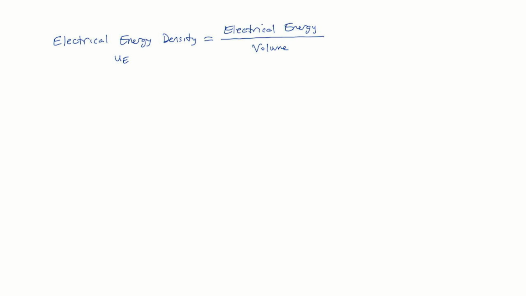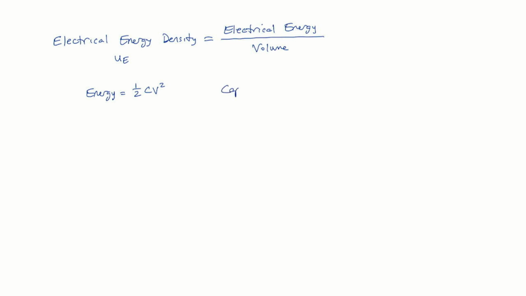Now we can find the relation between electrical energy and electric field using the energy of a capacitor. And so the energy of a capacitor is equal to 1/2 CV squared. C is the capacitance, V is the voltage across the plates.